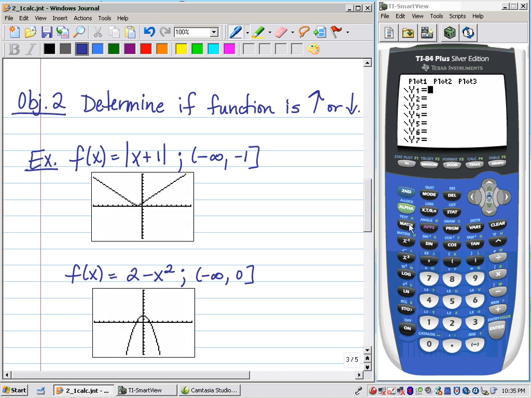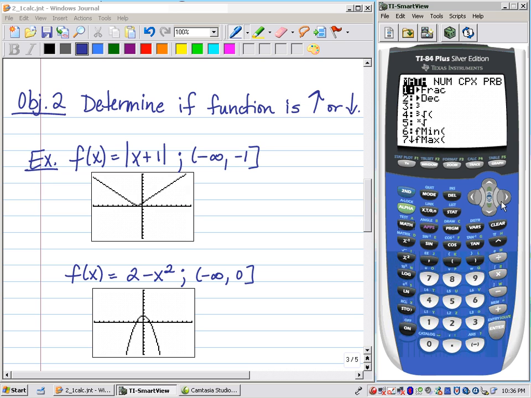I would press math, go over to the number menu again, type in my inside expression or my argument, which is x plus 1. Oops, let me enter that there. And close parentheses, and then graph. So you can see the picture that we have.